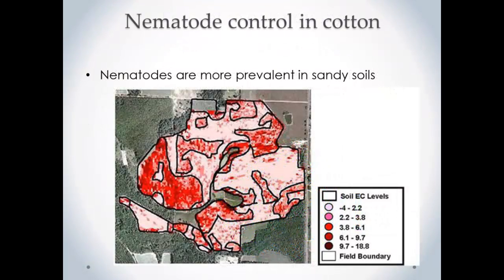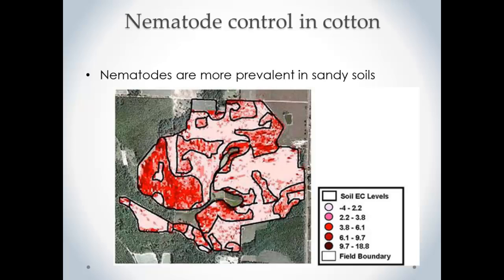Another application would be to look at pest control of some type, and in this case this is a field where the relationship between nematodes and their density in the soil was basically a function of the soil texture. EC gives us a good indication of the soil texture and the variation of that in the field.